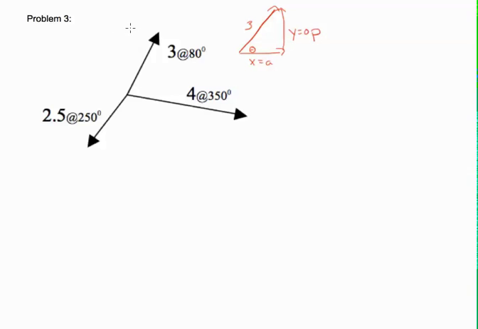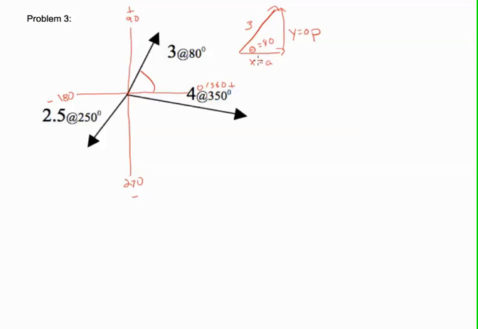If we look at the unit circle with this one, we have 0, 360, 90, 180, and 270. And to remind us, negative, negative, positive, and positive. So the angle that we're looking for here is 80, and that's our theta.